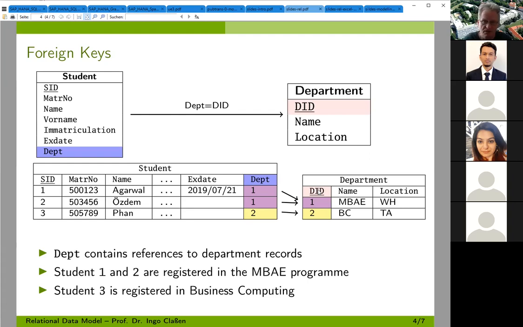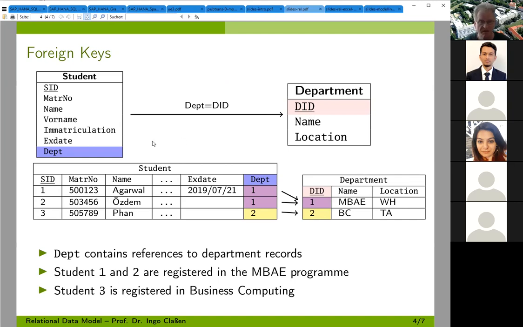First of all, remembering the general idea that one table should only represent one concept, we immediately see that the department, because it has a name and it has a location, for example, is a concept that has to be differentiated from the concept of student, and therefore it makes perfect sense to have two different tables, one for students, one for department.